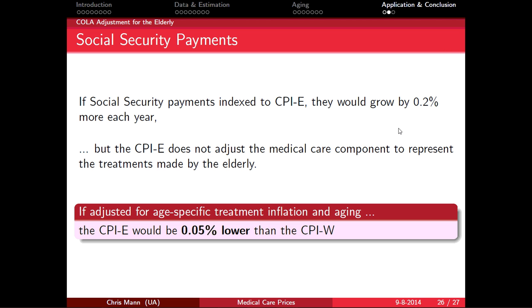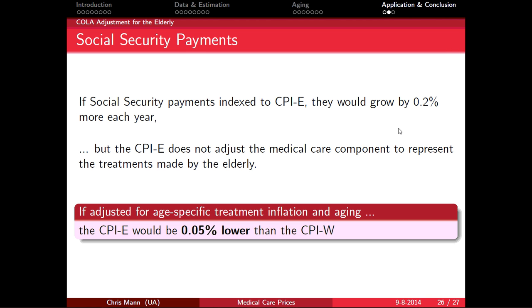And so older individuals, though they are experiencing lower rates of inflation, also have a much higher variance in healthcare expenditures as well. So it would probably not be prudent to use this specific type of adjustment, but it's something important to take into consideration.